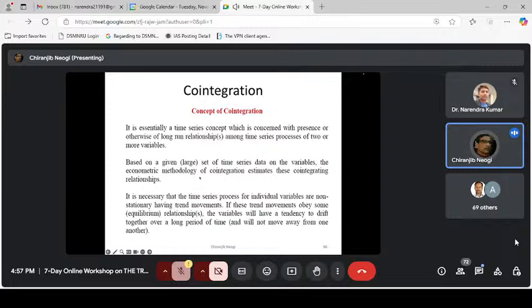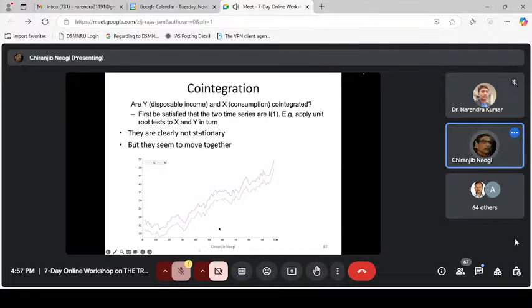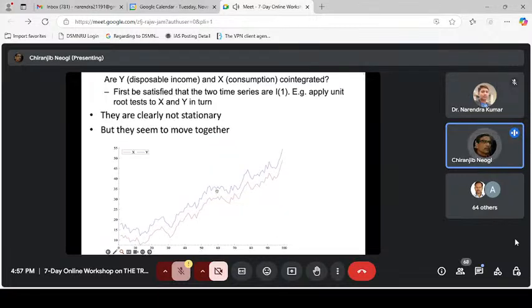The econometric methodology of co-integration estimates this co-integrating relationship. It is necessary that the time series processes of the individual variables are non-stationary, having the movement of a trend. Now, there are two series.